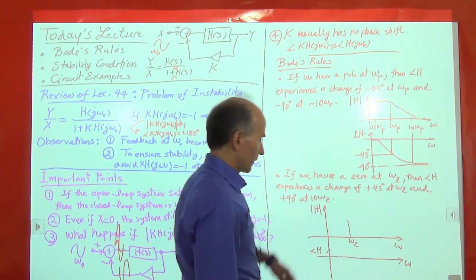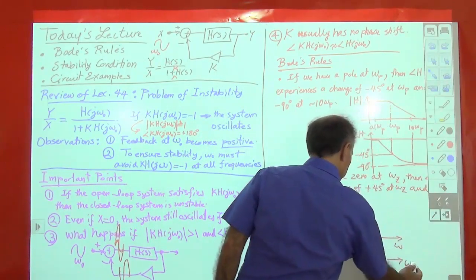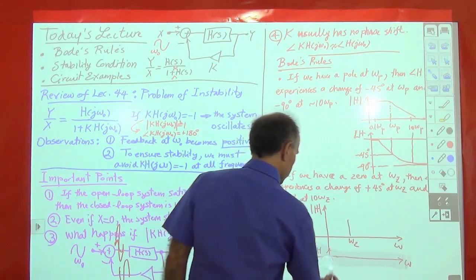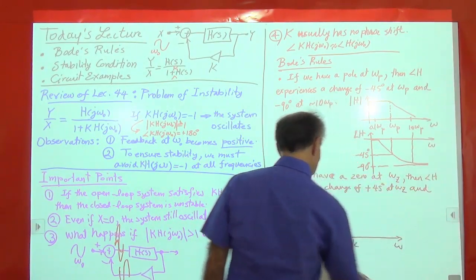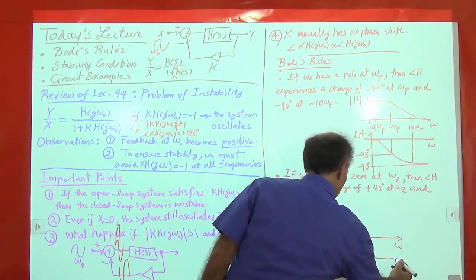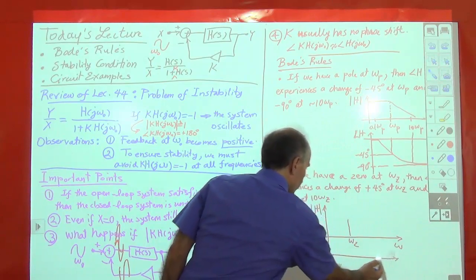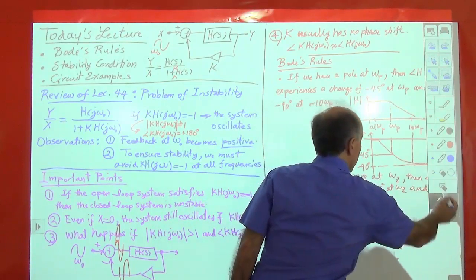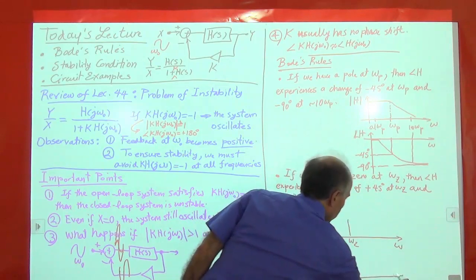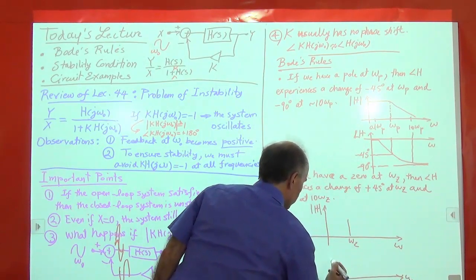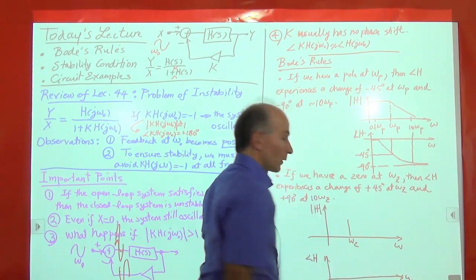Okay, so in this case it's actually positive, but let me clear this up a little bit. I need to shift this down so that I have more room for my plot here. And this is the angle of H. So we follow Bode's rules.